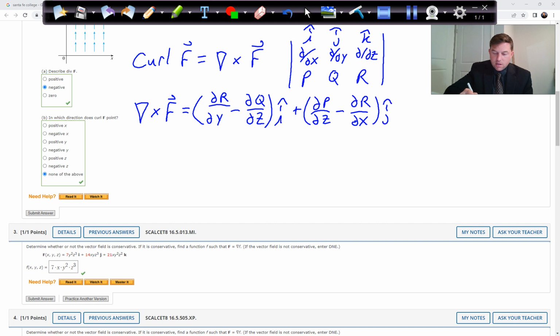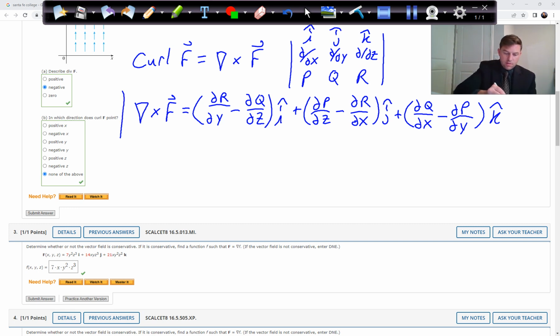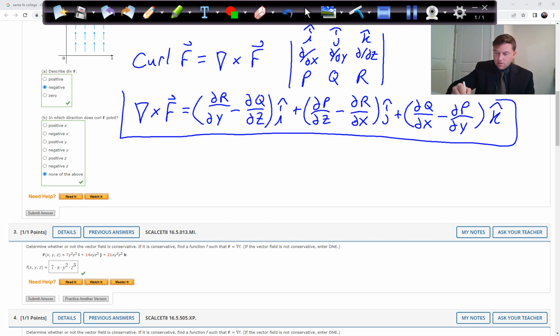That's in front of the j, plus cover up your third column, 2 by 2 determinant should be dQ/dx minus dP/dy in front of the k. Let me just make sure I've got that right. Yes, that's correct.